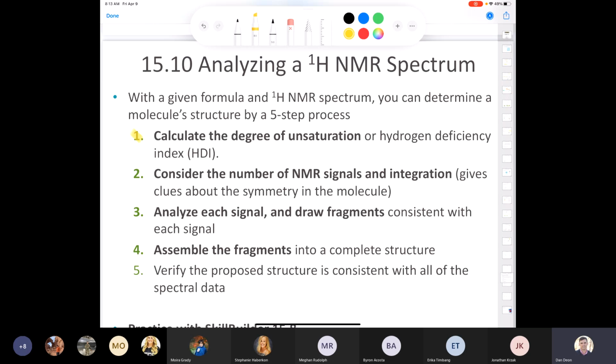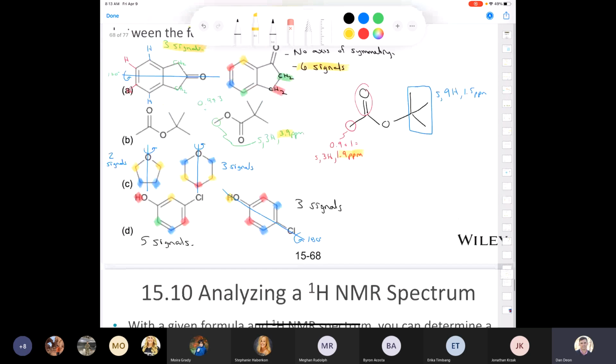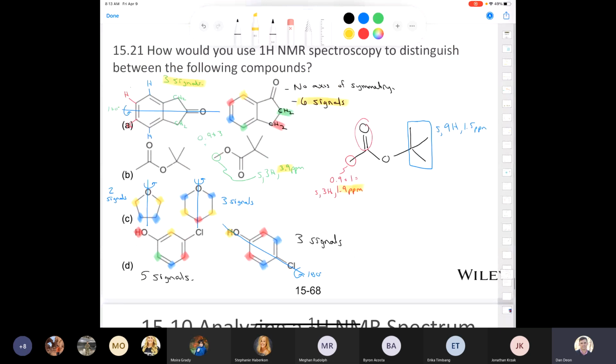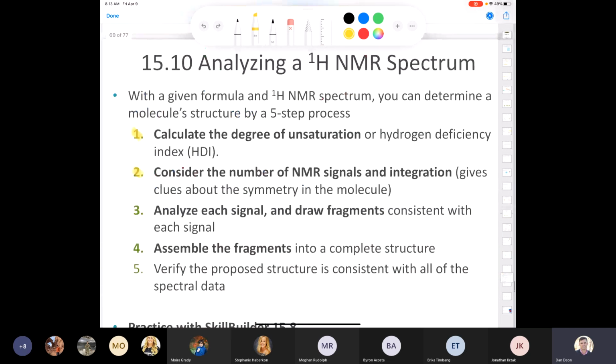After that, you're going to take a look at the number of signals and the integration. That's going to give you a clue as to whether there's symmetry in the molecule. We saw this in the problem here. Whenever there was symmetry in a molecule like this, or like either of these, it cuts down on the number of signals. So when you have few signals, oftentimes it gives you clues as to whether there's a plane of symmetry or an axis of symmetry in the molecule.